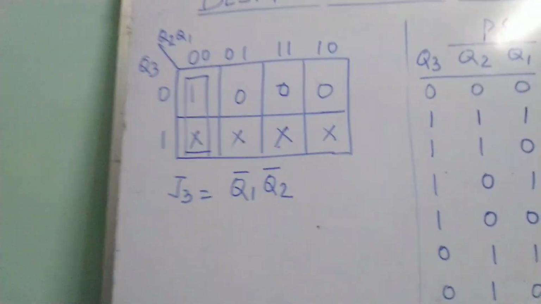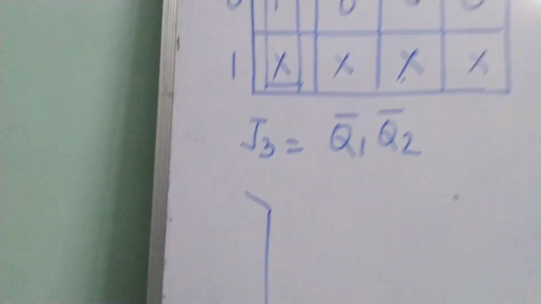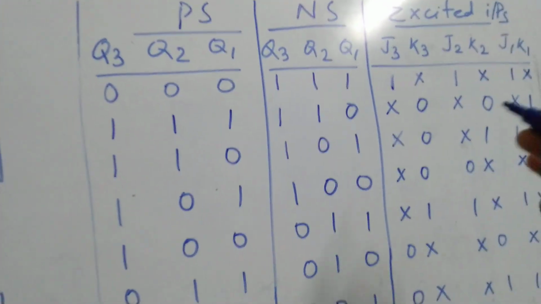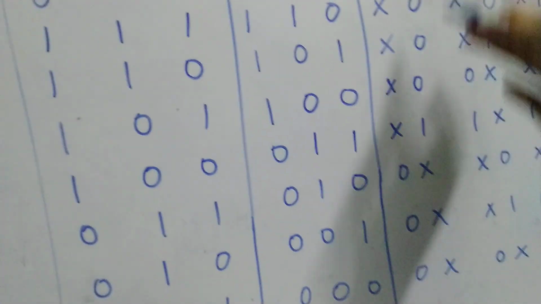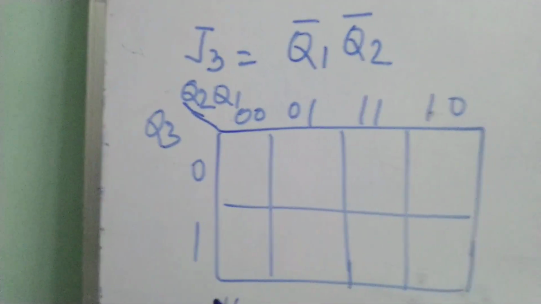Similarly, we can find it for K3. Now we solve for K3, then we put the values from the column of K3, then we will find it like that.